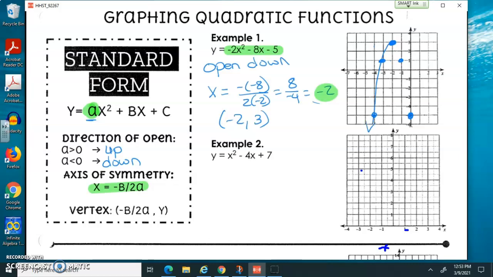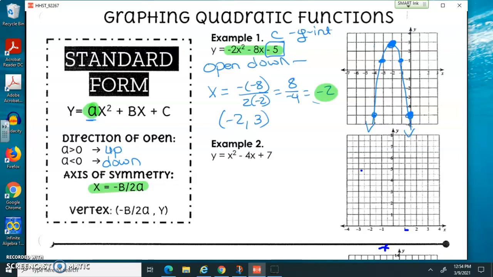We're going to draw, and there. It opened down like we said it was going to, and the vertex is here. Now, in standard form, this C gives me my y-intercept. So that 0, -5, we can get from standard form.